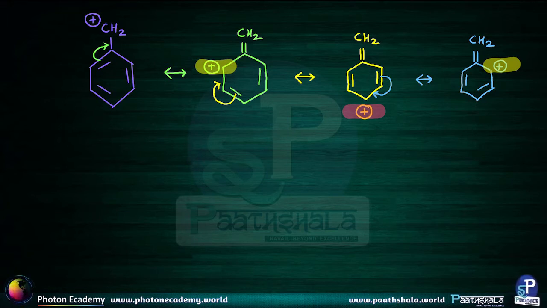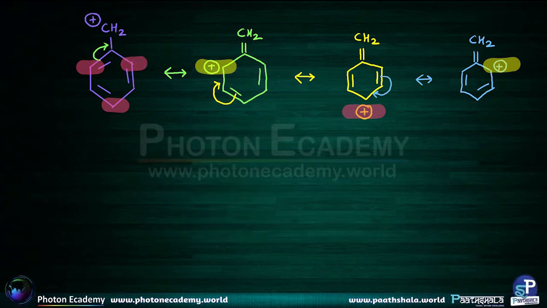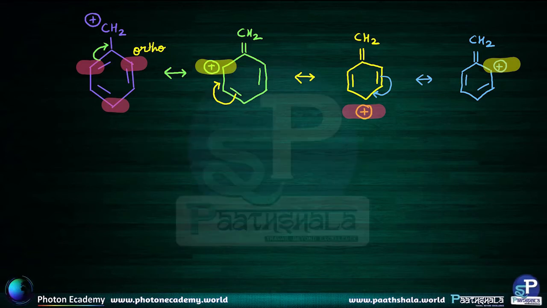This one, as well as this one. The two on the upper hand have the same position, and this position is called the ortho position. So we have the ortho position here, and we have the positive charge at ortho. And this position here called para, we have the positive charge here also.